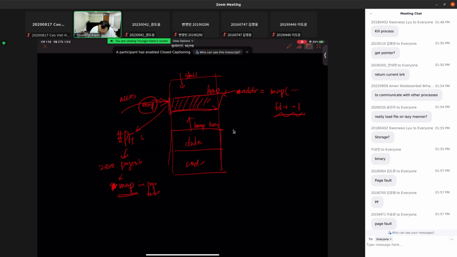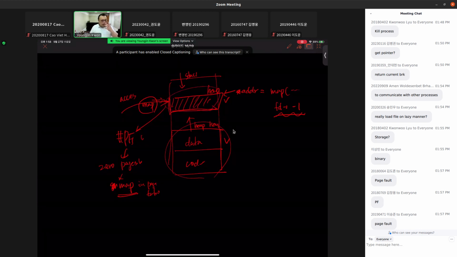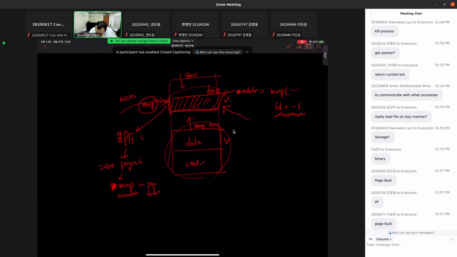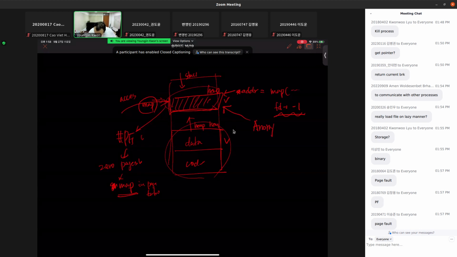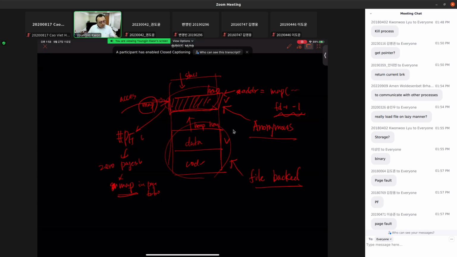So how to initialize this one? This one is different, right? This one has a static area where the content is stored on the disk. In this area, the content is not stored on the disk, and the page is allocated by zeroing. This memory is called anonymous memory, and this memory is called file backed memory.